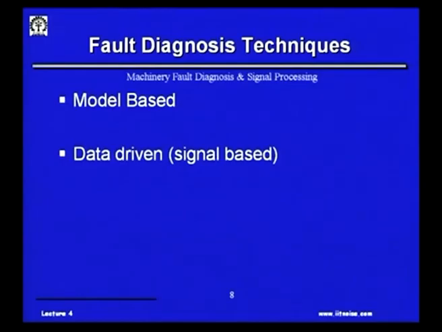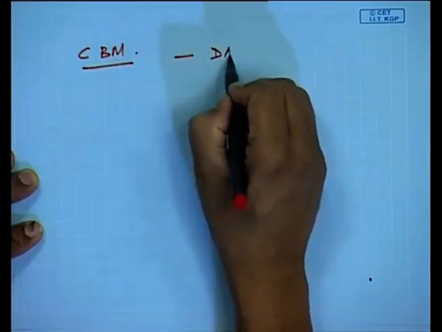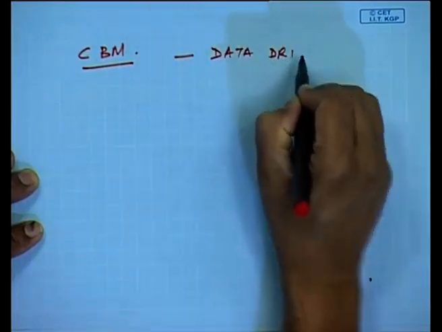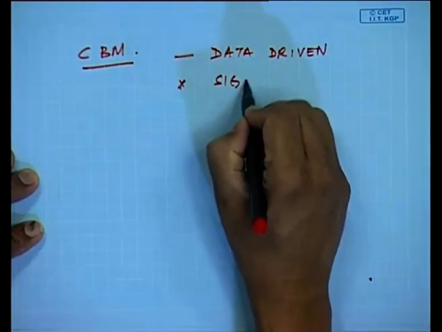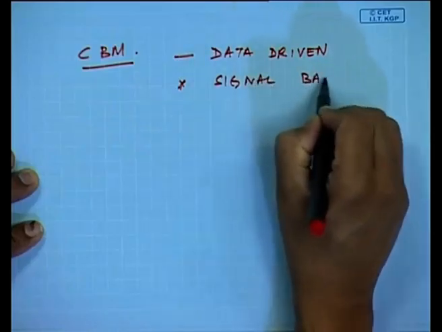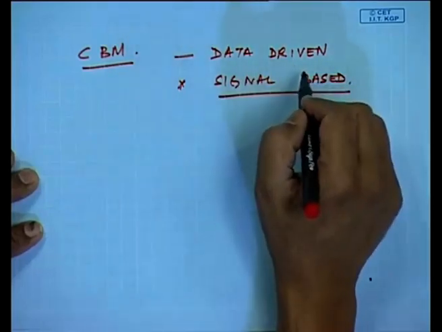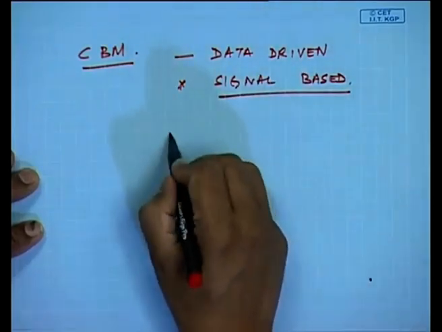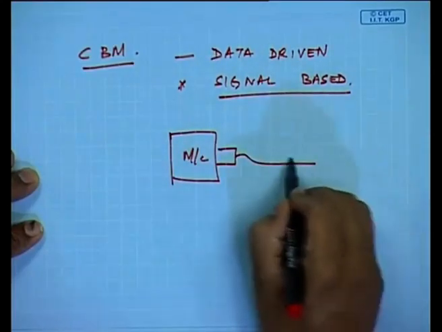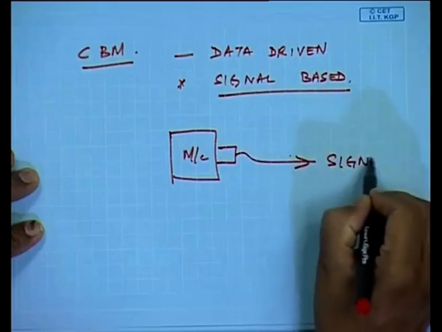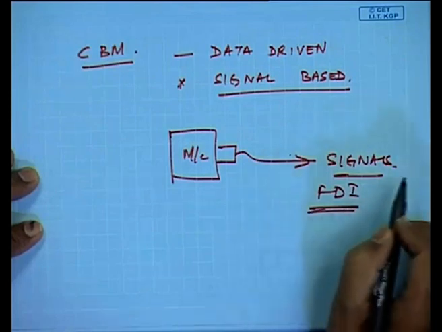However, in the present course on CBM, our focus will be mostly towards data driven, which is otherwise known as signal based. Because this is very easy to understand: I have a machine, I put a sensor and I get my signals, and the total FDI is done based on these signals.